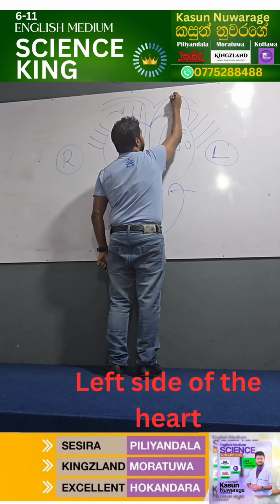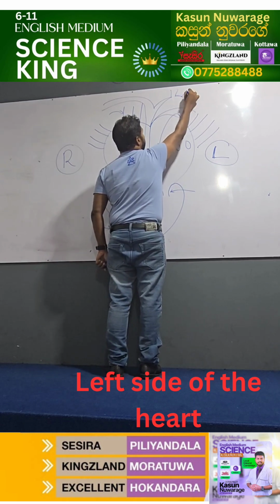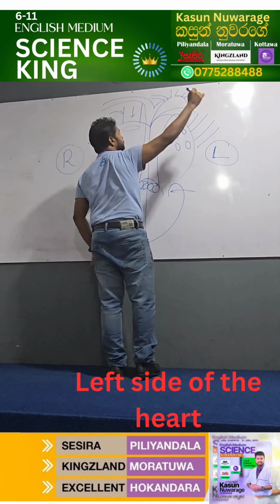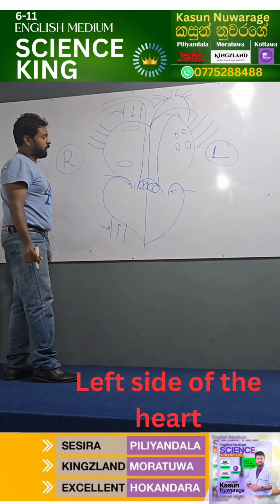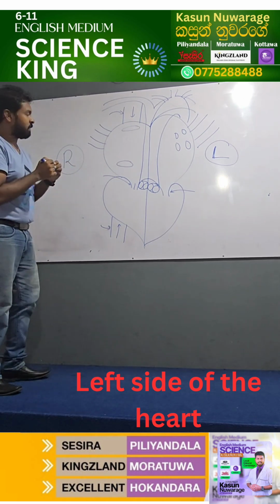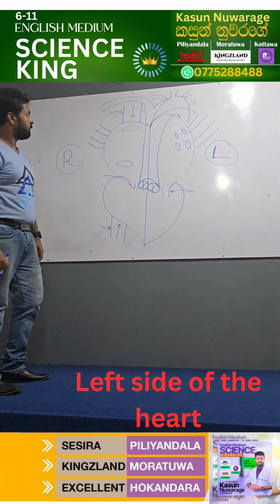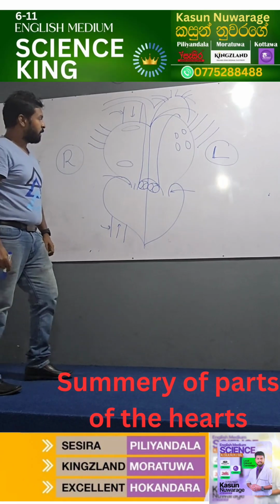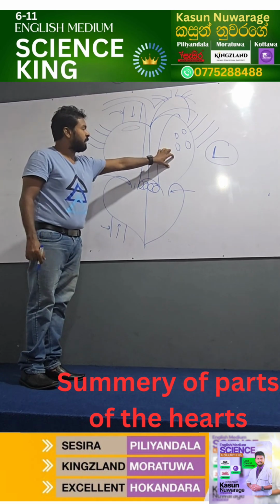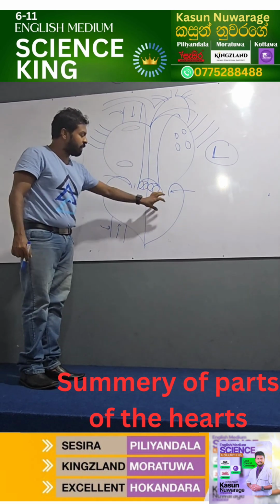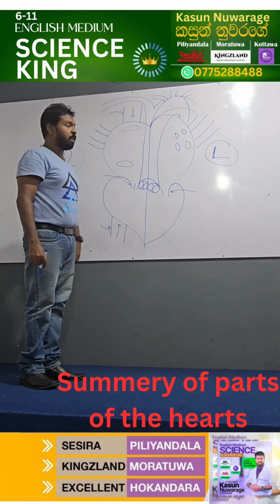And there are 3 openings here to the head and to our hands. These are the major parts of our heart. Let's see first. There are 4 chambers. Upper ones are called atria, lower ones are called ventricles.